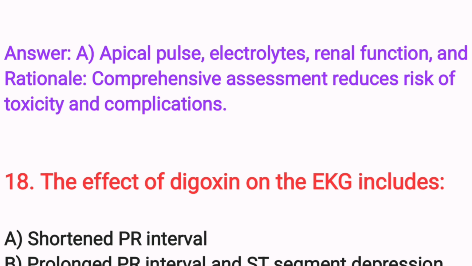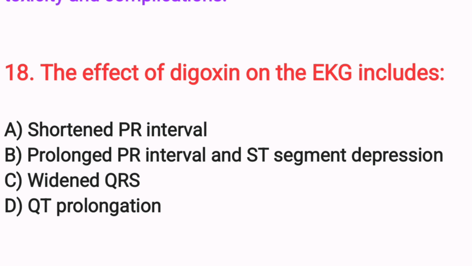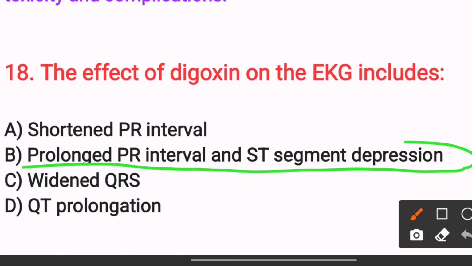Next, the effect of digoxin on the EKG includes option A, shortened PR interval. Option B, prolonged PR interval and ST segment depression. Option C, widened QRS. Option D, QT prolongation. The answer is prolonged PR interval.